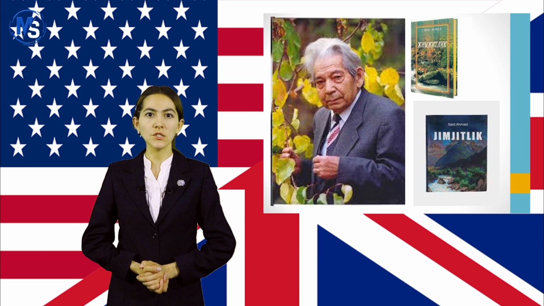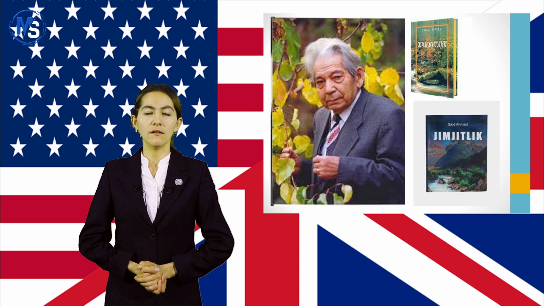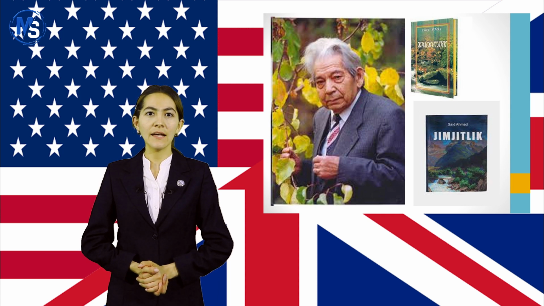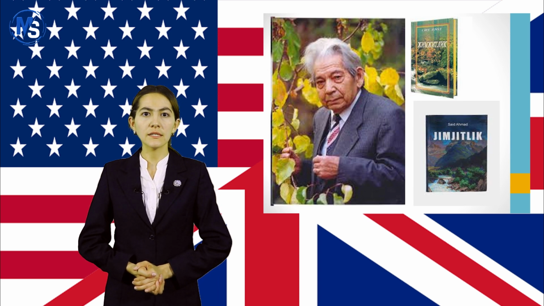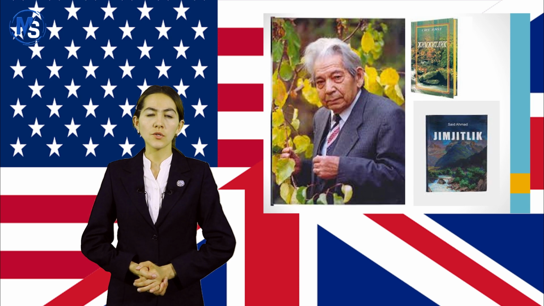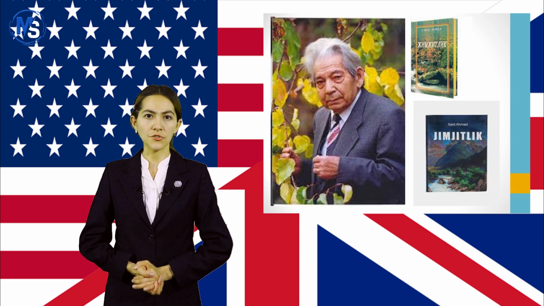Jimjitlik is translated into English as Silence, and it was written in 1986 by the well-known Uzbek writer Said Ahmad, and has been sold in a great number of copies. I consider it one of the most wonderful and famous novels in our literature.